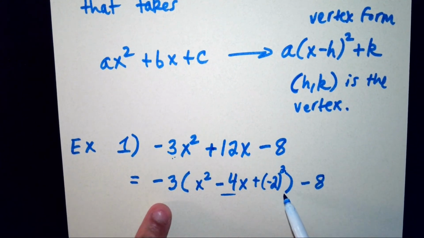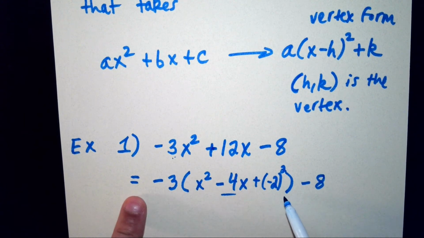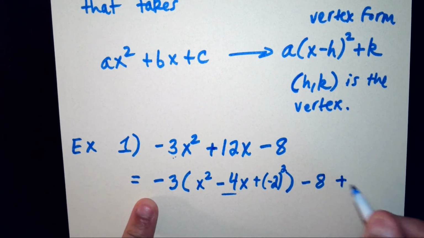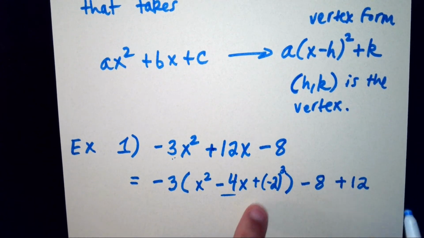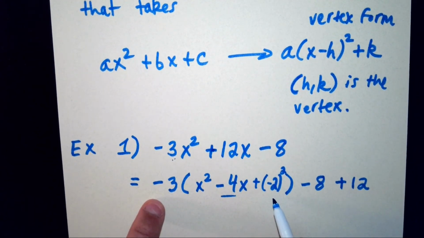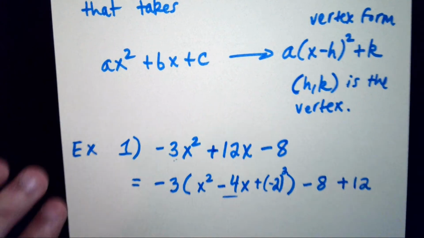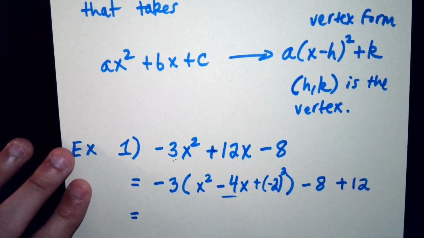Because this is an equality, we have to add 12 here to balance out that minus 12 that we introduced in here. Okay, so that's the hardest part right there. Now we just need to realize this as a perfect square and then simplify, and then we're done.